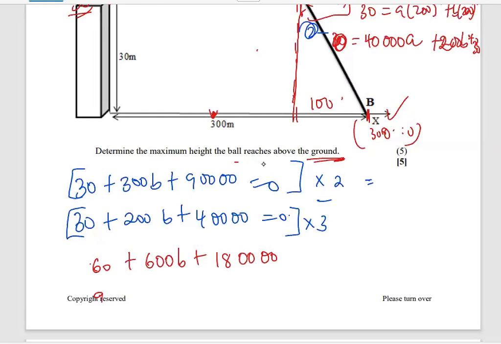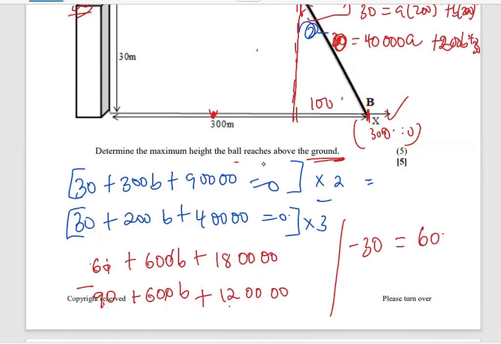And then this is going to be 90 plus 600B plus 12 with those 4 zeros. We said we are subtracting that. So this is going to cancel that. This is going to be a negative 30. 18 minus 12 gives us 60,000. But this is A. This is a plus, is equal to 0.